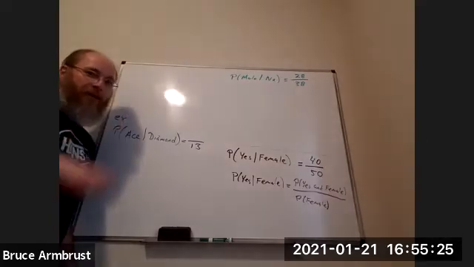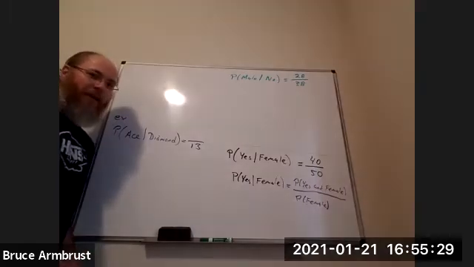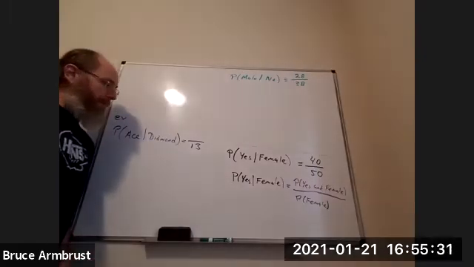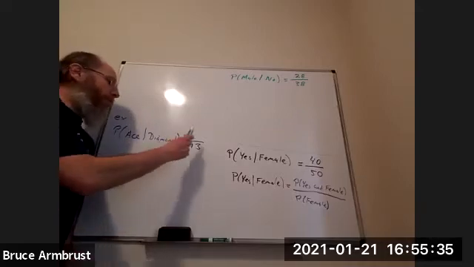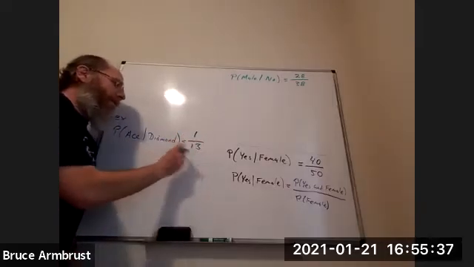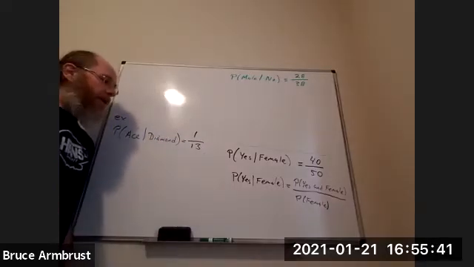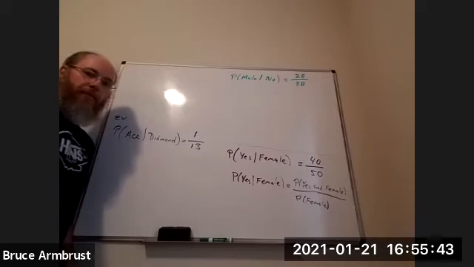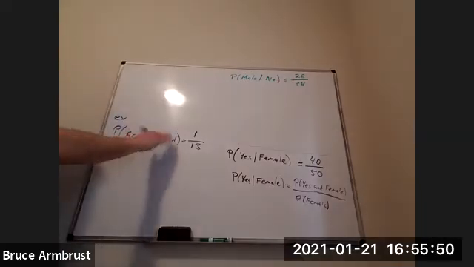Yeah, just the one. There's only one ace of diamonds, unless you've got some weird deck, like if you're playing pinochle or something. But yep, there's only one ace of diamonds, so your probability of getting an ace, given that it was a diamond to start with, is 1 in 13.